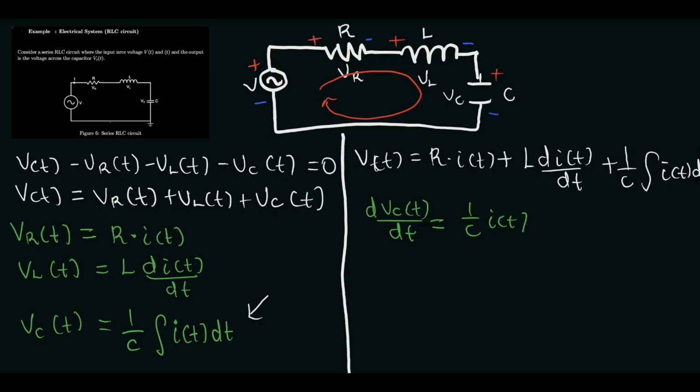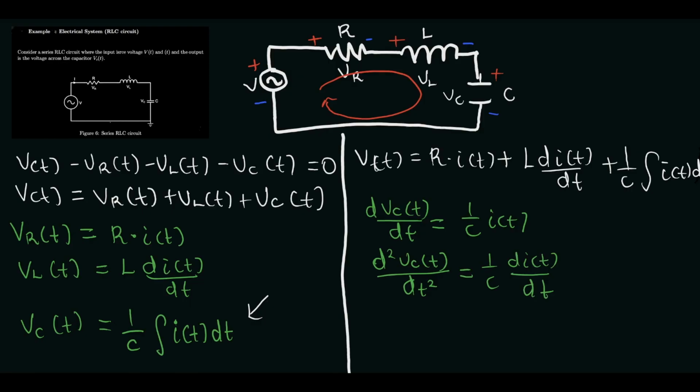Differentiating it again, you have d squared VC(t) over dt squared equals 1 over C di(t)/dt. From here, we can make i(t) the subject of the formula.